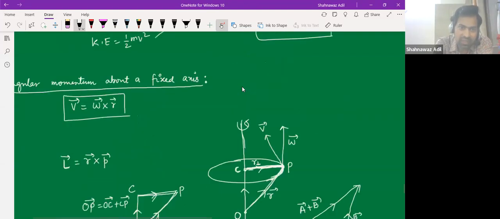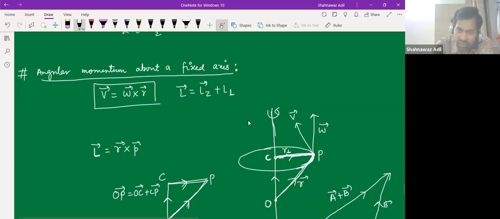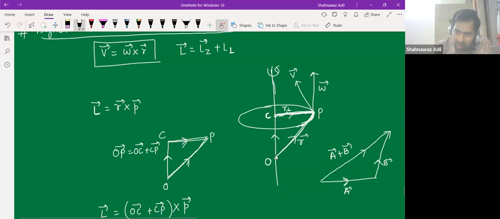In a fixed axis, angular momentum has two components. One is Z component and the other one is this perpendicular component, right? This one is the perpendicular component, and due to this R perpendicular, there would be this Z component in Z direction.